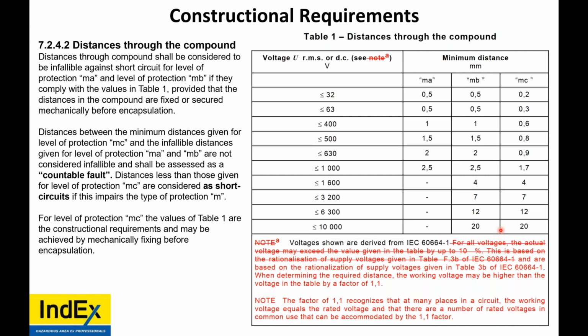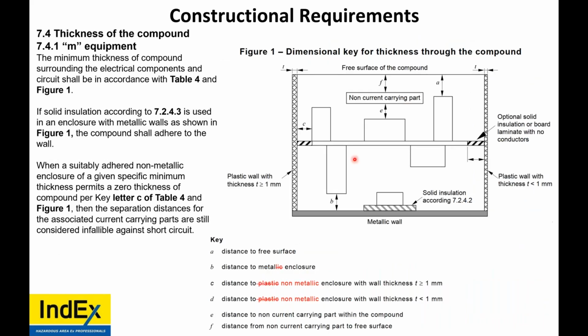So this table is here for that. Now, a visual indication of thickness requirement, wall thicknesses. It's in the standard, figure 1. The minimum thicknesses of compounds, of walls, and everything is listed.